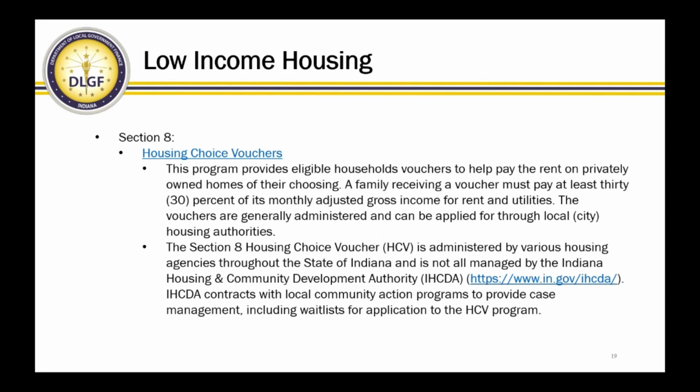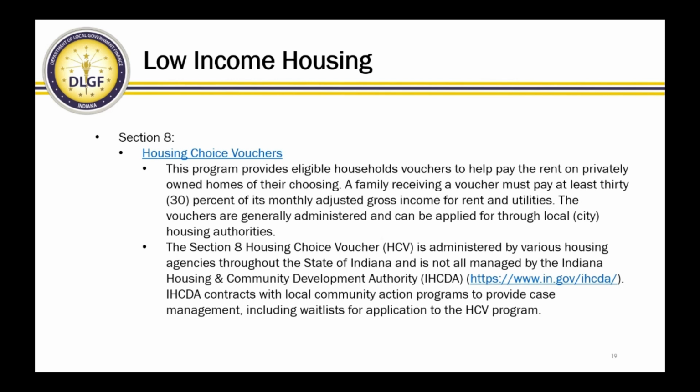Section 8 properties are primarily targeting the income of the individual versus the property owner or the developer. They're what's called housing choice vouchers. In essence, the program allows eligible households to pay the rent on privately owned homes or apartments of their choosing.